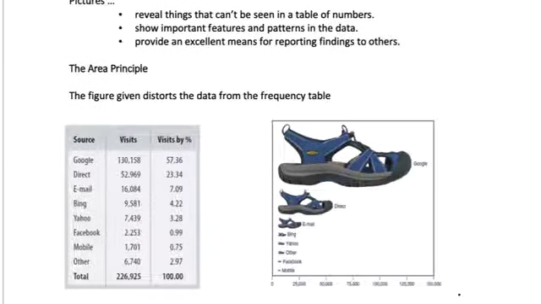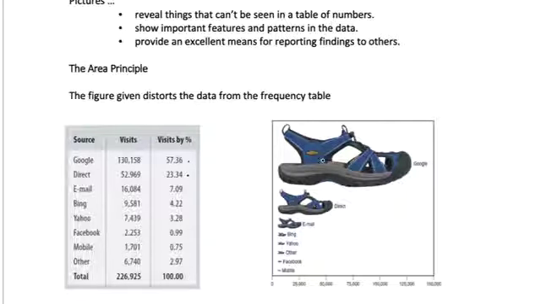If I look at this data and the graph, I see that I have Google, 57.36%, and then the next largest is Direct, 23.34%. So Google should look like it's a little over twice as big as the next largest category.